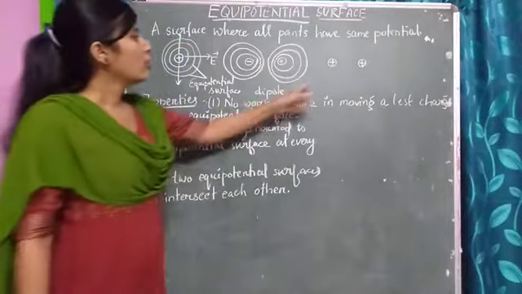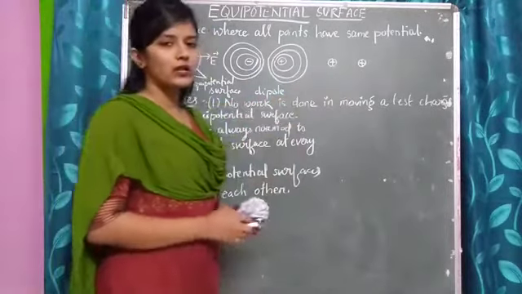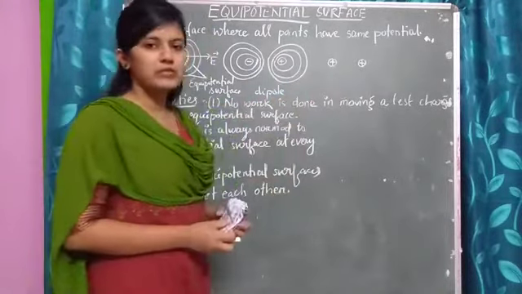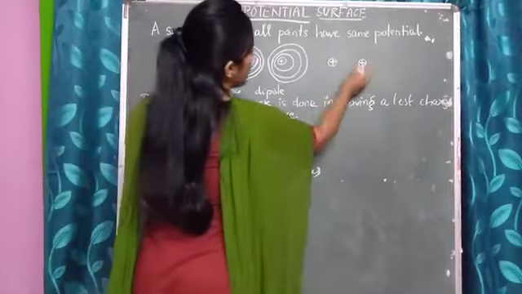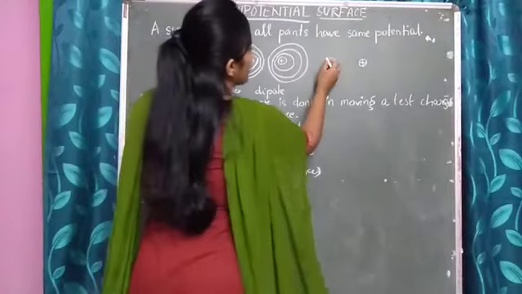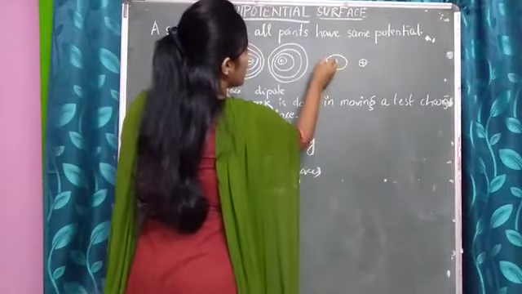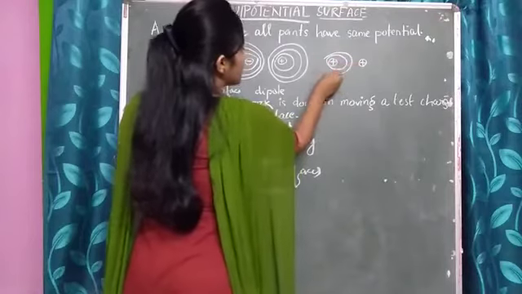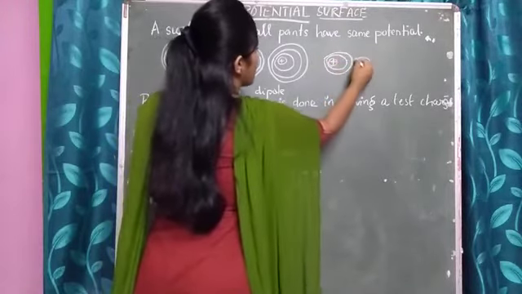Now let us go for two equal charges having the same sign. If we have two positive charges or two negative charges, then the equipotential surfaces will be like this.